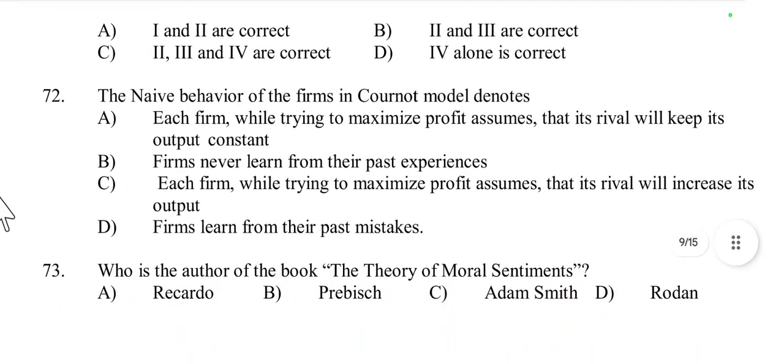Then question number 72. The naive behavior of the firms in the Cournot model denotes that each firm, while trying to maximize profit, assumes that its rival will keep its output constant. This is the naive behavior of the firm.